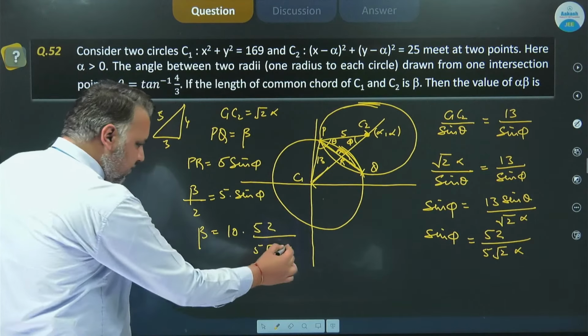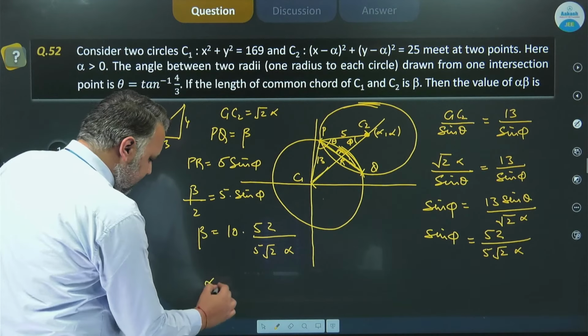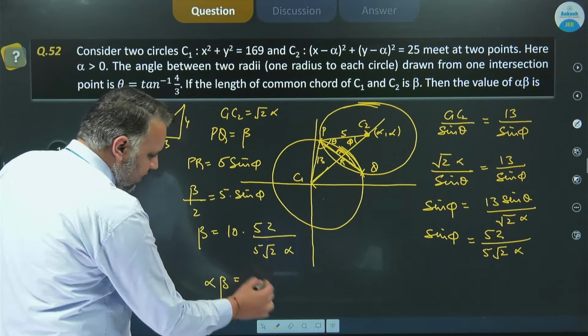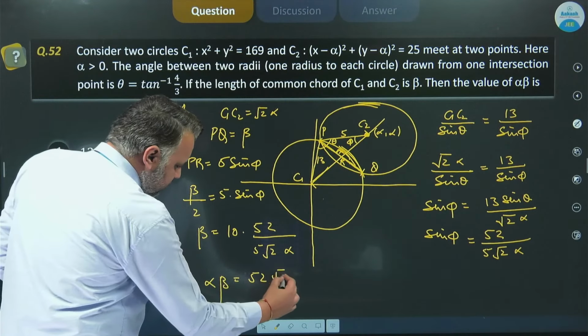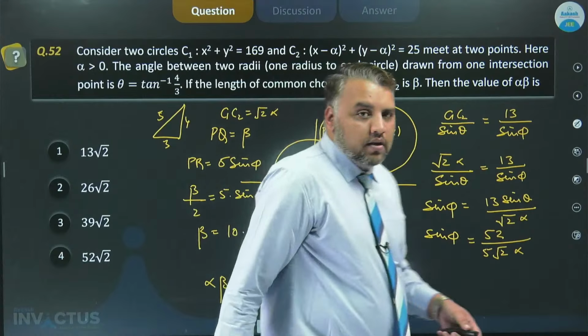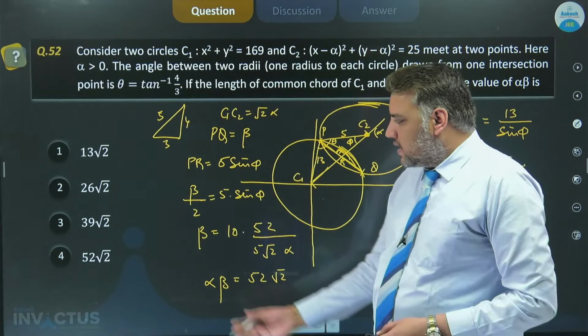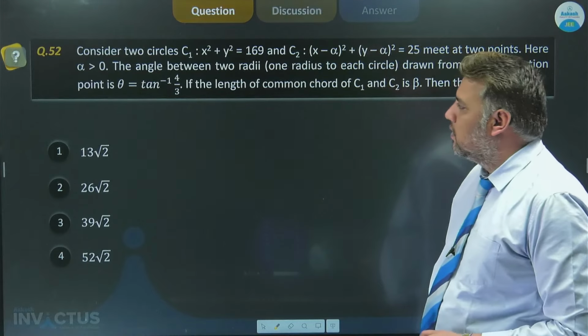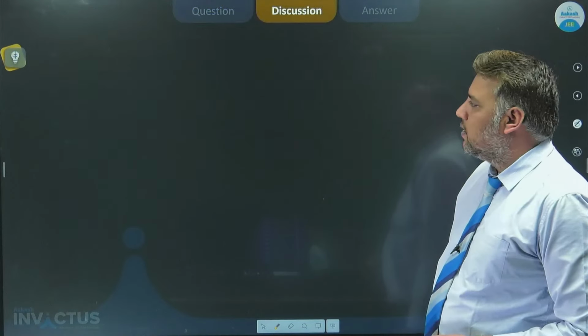Now if you multiply alpha on the left side, alpha beta is 52 root 2. So according to us, the answer must be 4. Let's check the answer. Yeah, it's 4.